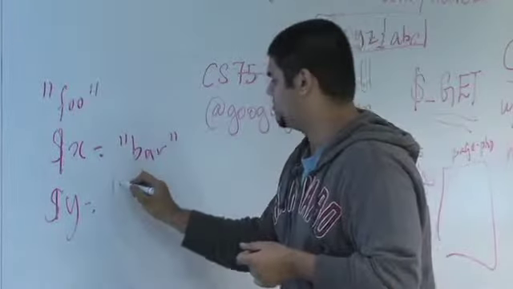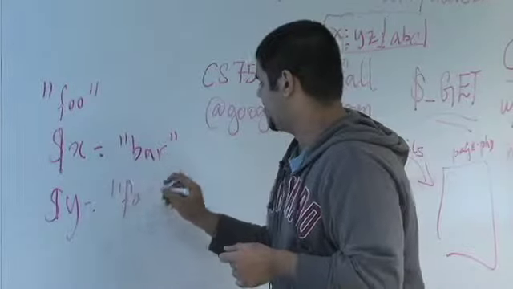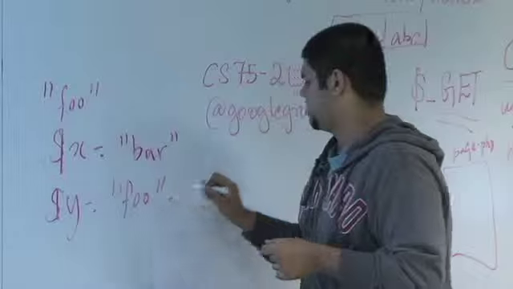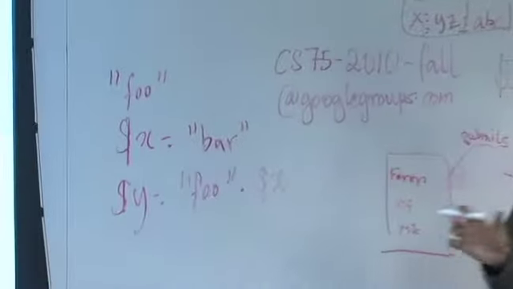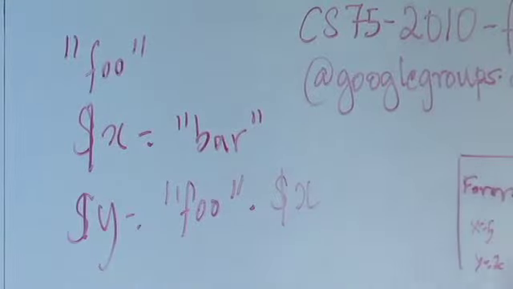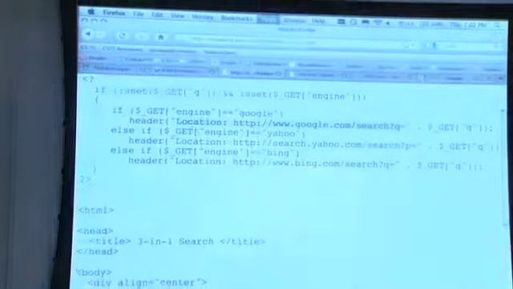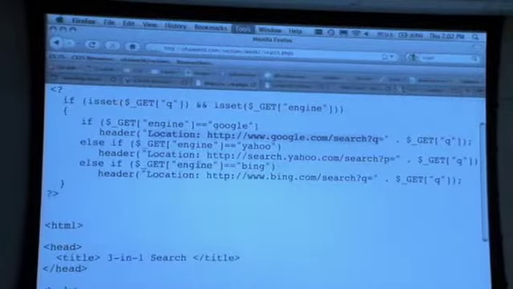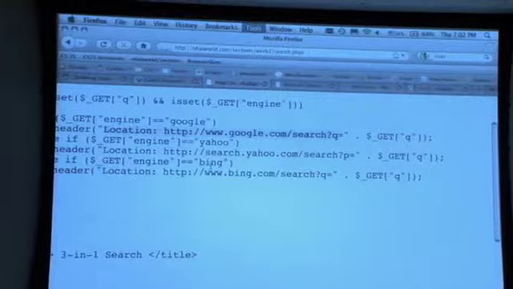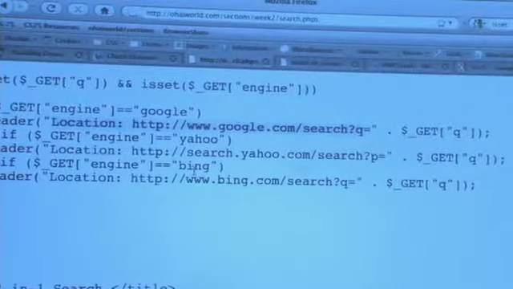The way you would do that is foo dot $x. This basically concatenates these two strings and returns a concatenated version. It's plus in a lot of other languages. PHP just picks period to do that. If that is not the case, else if engine equals Yahoo, or else if engine equals Bing, go ahead and set and redirect them to that part.